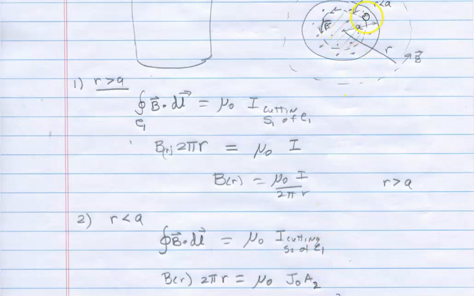Okay? So this is the curve C2, this small circle. I only want the current that's cutting through the inside of that. These other pieces of current in this annular region here, they're outside the circuit. They do not cut through the area enclosed, and so I don't count these.